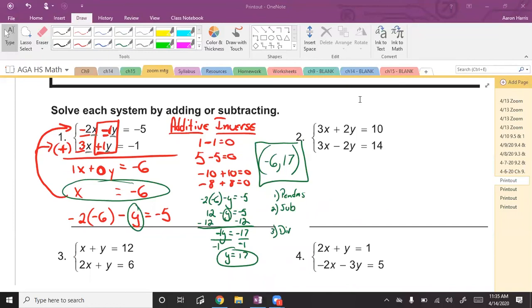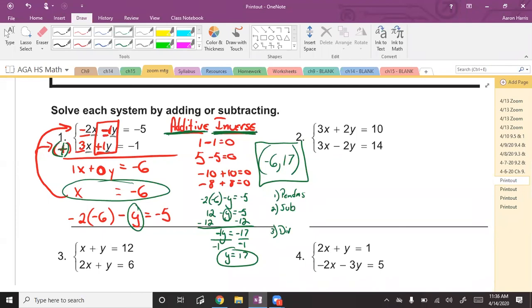All right, so now, solving systems by adding or subtracting. Do we understand why we added during this situation? Because we had an additive inverse. We had -1 and 1. They're opposites, correct? That's all additive inverse means, that they're opposites.